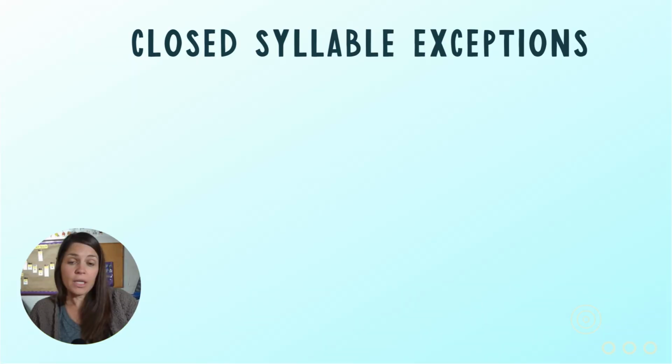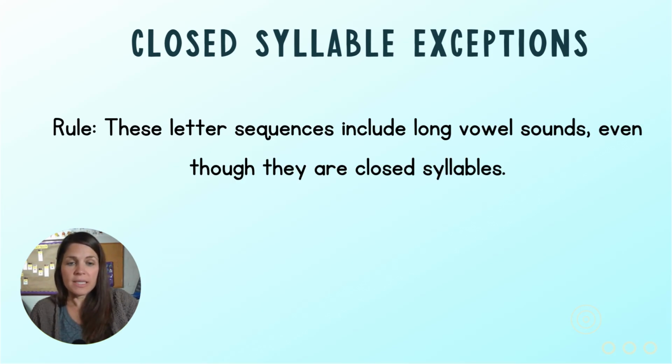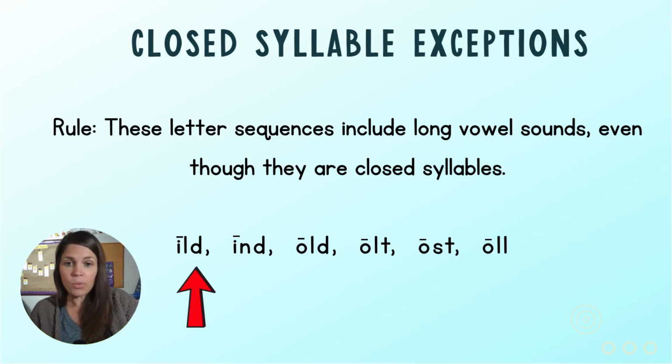Now here's where we get into what the exceptions are. We learned closed syllable, short sound. Well, in certain letter sequences, they're going to include long vowel sounds, even though they're closed syllables. These are the letter sequences that you need to be familiar with. ILD, where you're going to hear that I sound, ild.